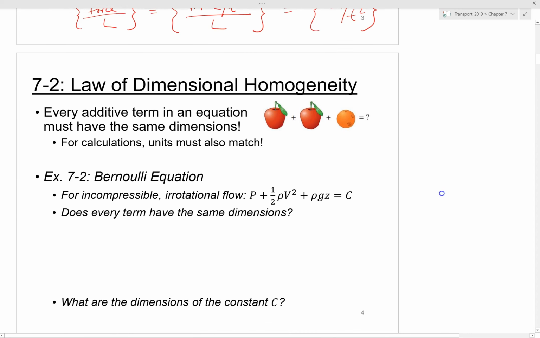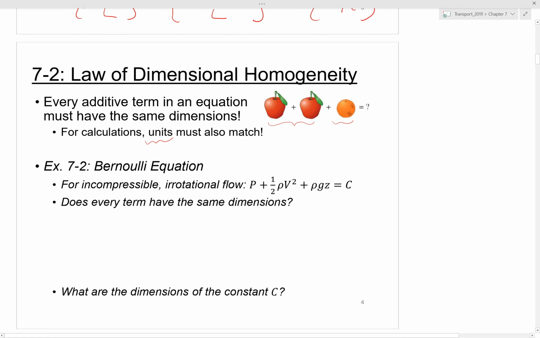Okay. So next is the law of dimensional homogeneity. It's basically what we have been seeing in most of our equations, analytical equations we have seen in this class. Your left hand side and your right hand side must have the same units, and what it means that pictorially you can only add apples and apples and not apples and oranges.